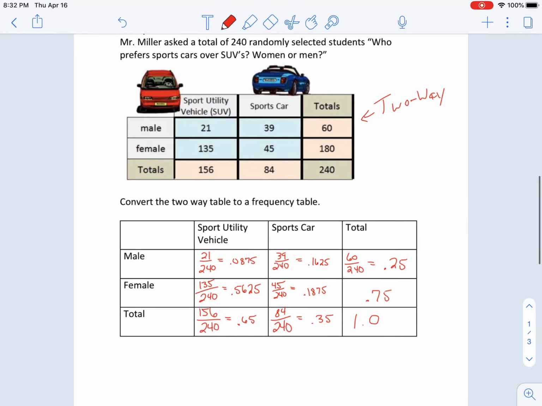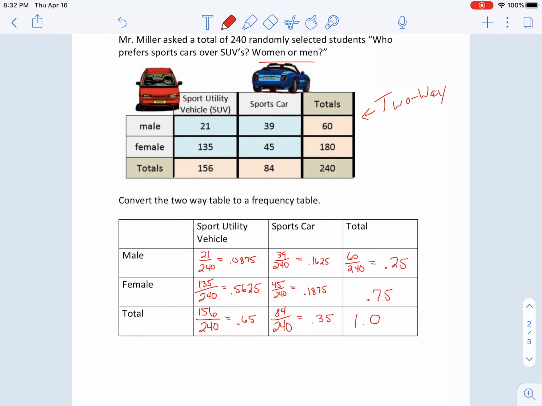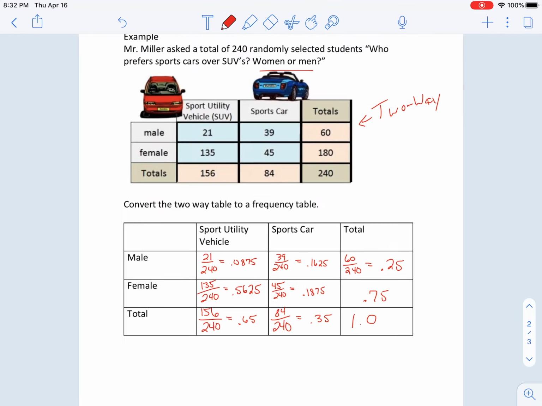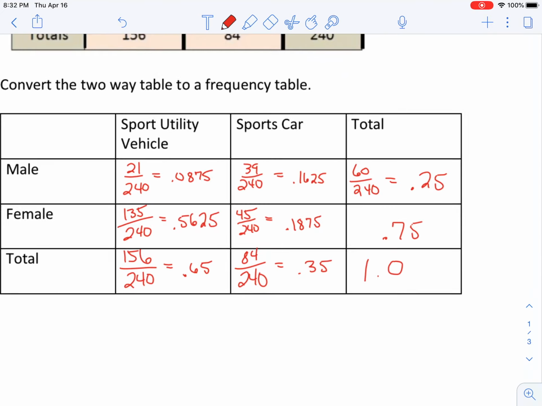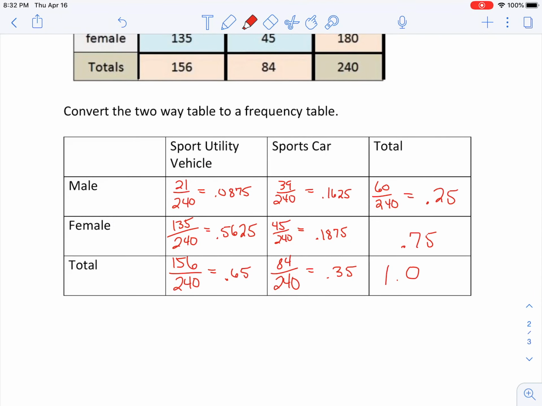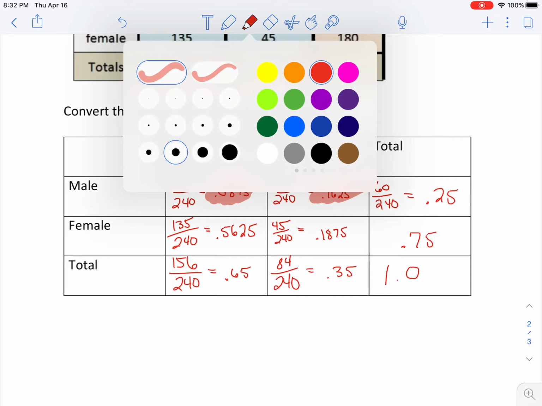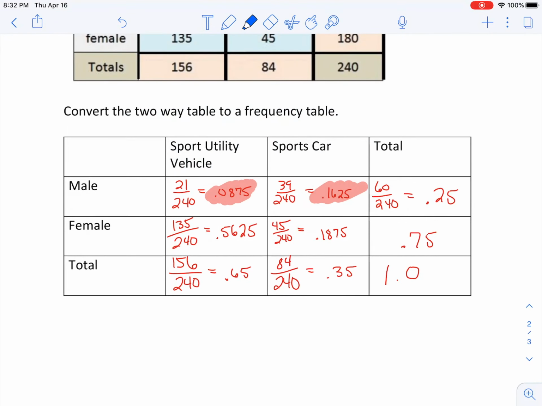Pretty simple. So to go back and ask the question, who prefers sports cars over SUVs, women or men? If we look at this question, like 8% of males prefer SUVs, 16% prefer sports cars.